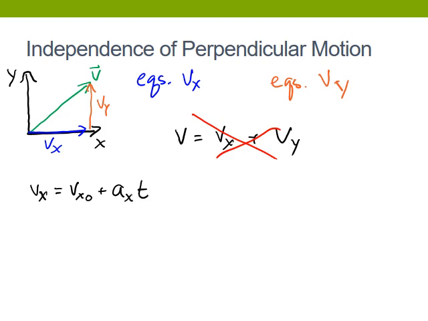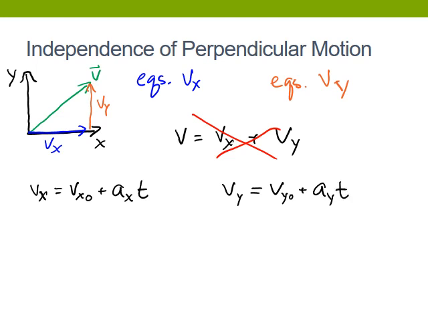I'll have an equation for the velocity in the x component involving the x component of the acceleration. I will have an equation for the y component that only involves y components of the velocity and the acceleration. And I never will get crosstalk.